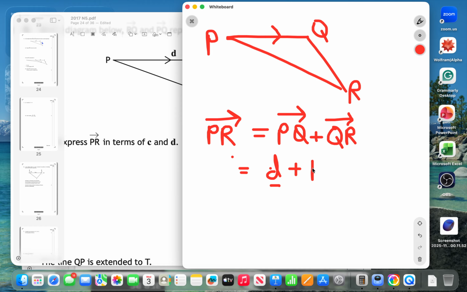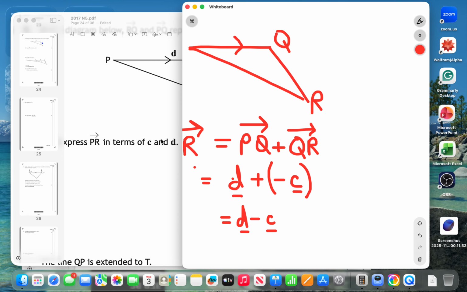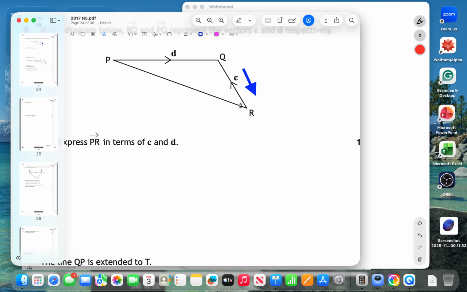So we will write D plus. So this becomes minus C. Note the underline vectors. And we get D minus C. So that one is fairly easy.